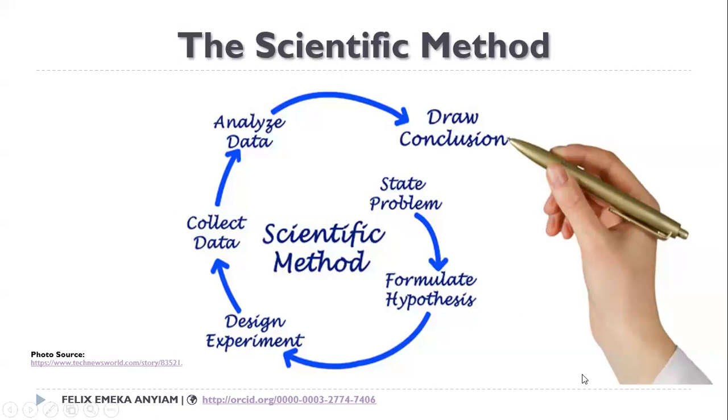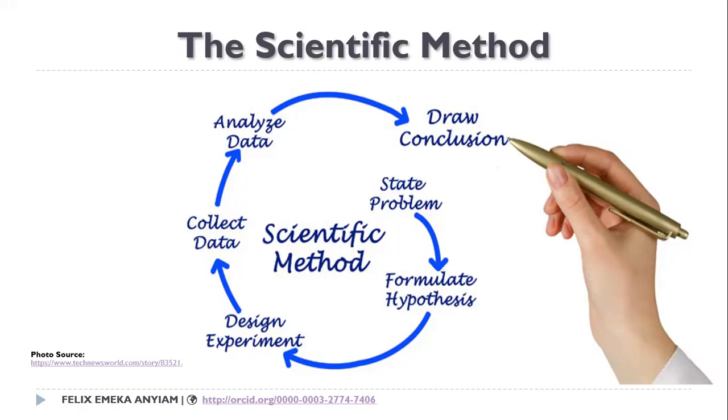So the scientific method in clear English. These are the processes. It starts from stating the problem. It goes to formulating the hypothesis, designing the experiment, collecting the data, analyzing the data, and drawing up a conclusion. Every research you do, every study you do starts with a problem. You have observed the problem in that environment.